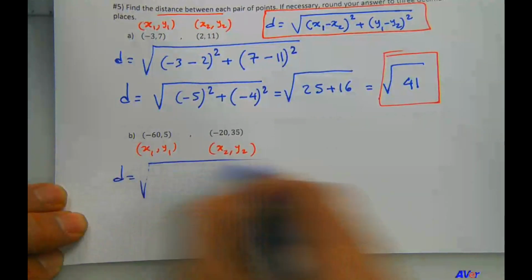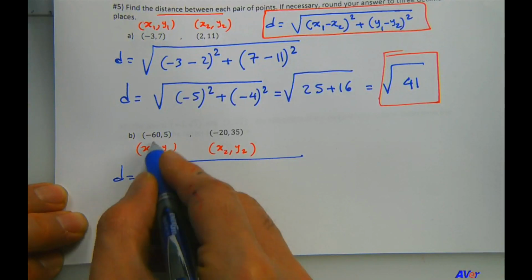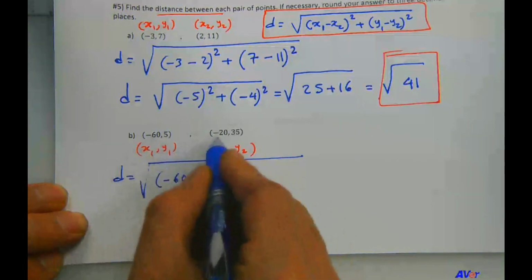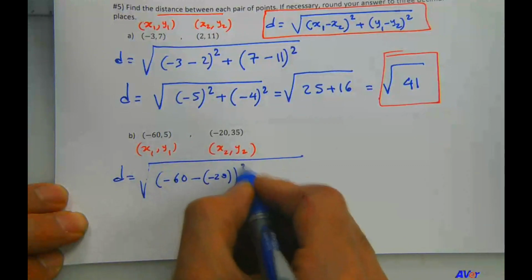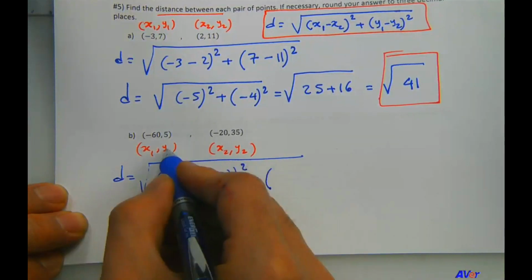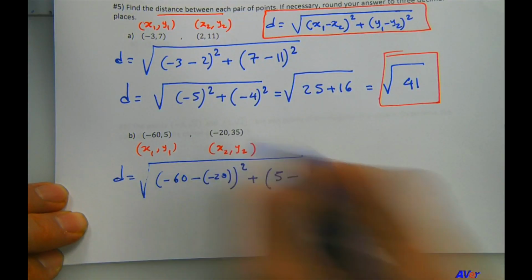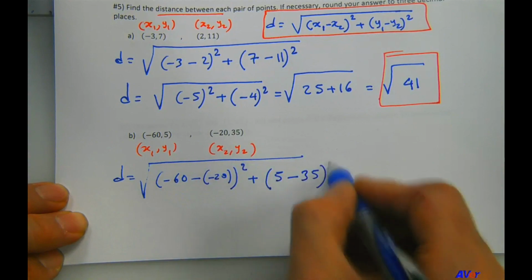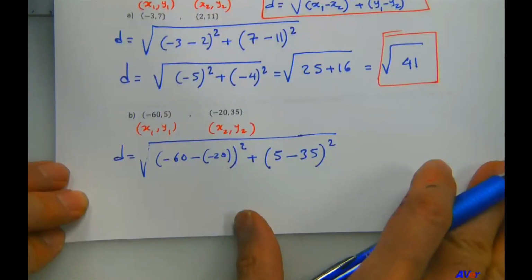So we have square root of x1, minus 60, minus x2, which is minus 20 squared, plus y1, 5, minus y2, which is 35 squared, right? I hope our solutions agree.